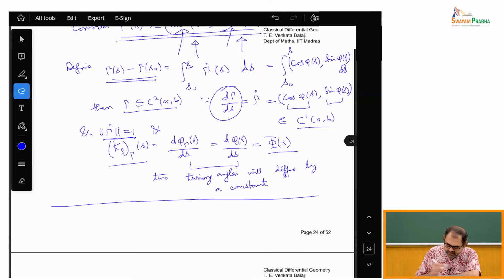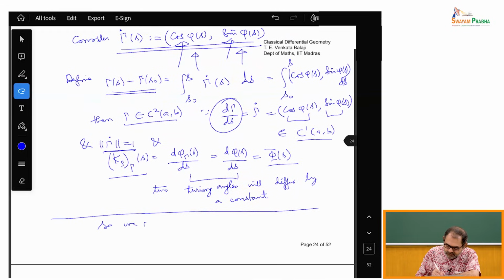So what we have proved is a classification theorem for plane curves.